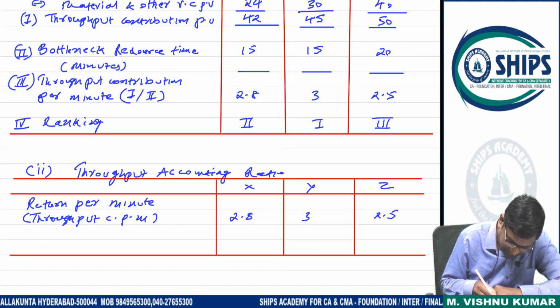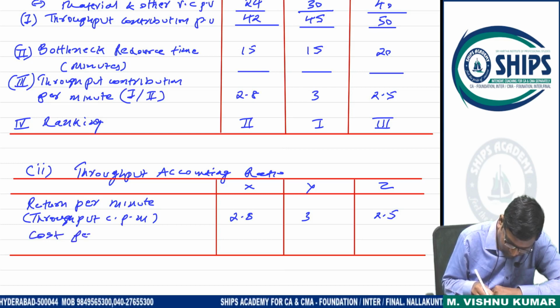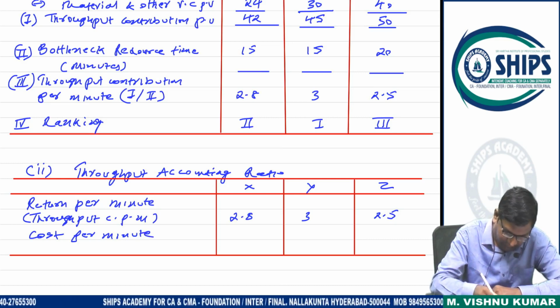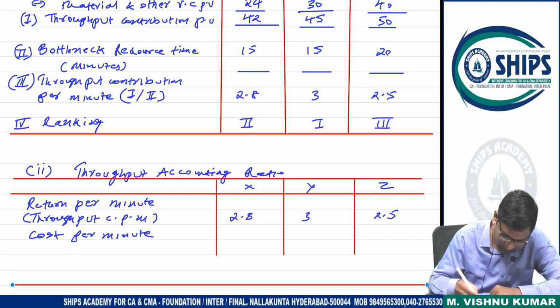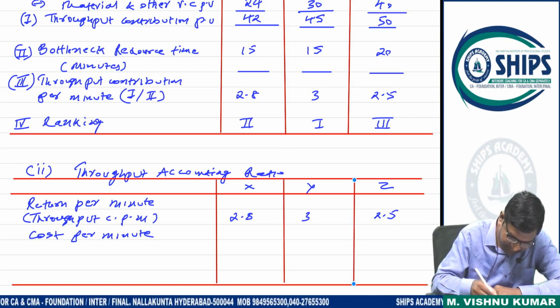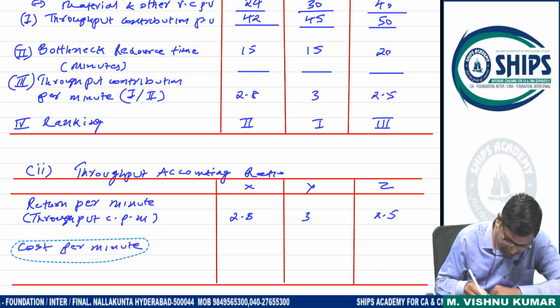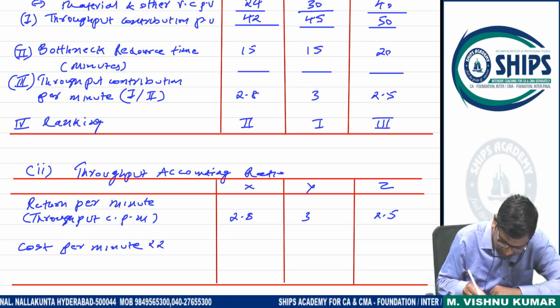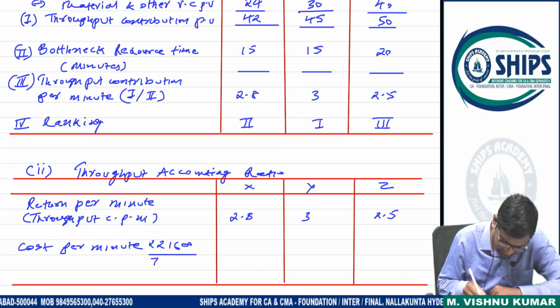Now cost per minute. So cost per minute is 221,600 divided by time, 75, 120 minutes.